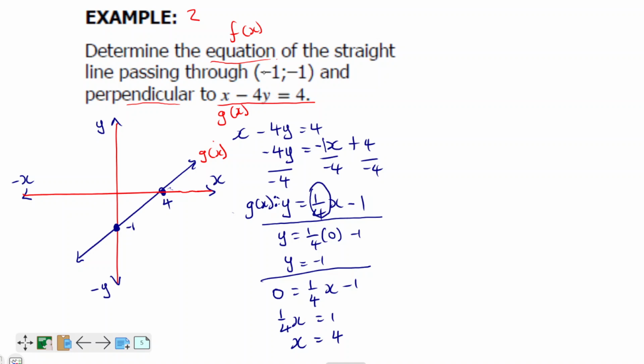Now, they said determine the equation of a straight line passing through negative 1 and negative 1. Where is that point? The x coordinate is negative 1 and the y coordinate, they said, must be negative 1. So I want to show you this point. The x coordinate is negative 1 and the y coordinate is negative 1.